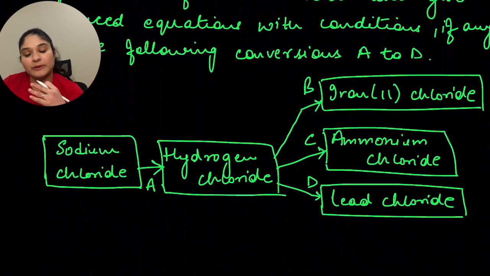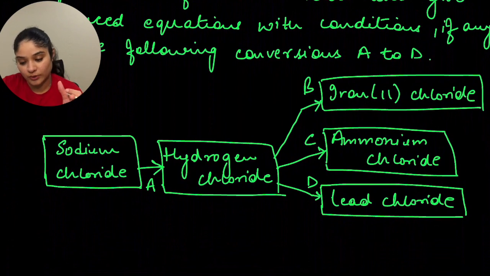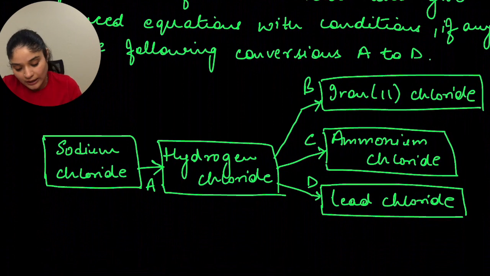Majority of the students would directly try writing the equations, but before you try writing the equations, always try to solve it mentally. What can you add to sodium chloride so you end up getting hydrogen chloride? Sodium chloride, if you react that with H2SO4, that is sulfuric acid, you end up getting hydrogen chloride. So I can write sulfuric acid here.